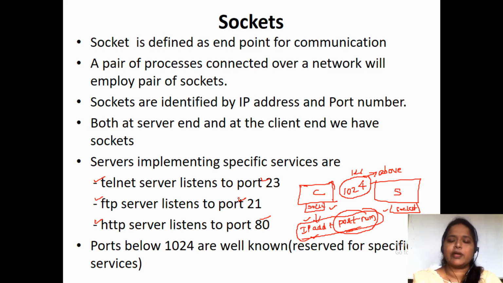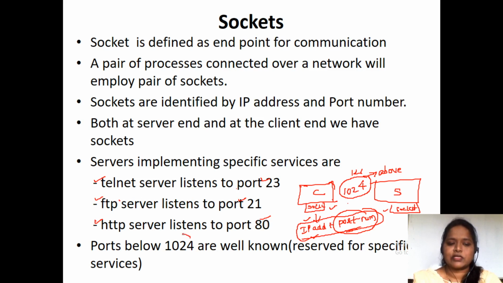If you want to give any port number, you have to give one above 1024, so that no ambiguity arises. For example, the telnet server has port number 23, the FTP server has port number 21, and the HTTP server has port number 80.